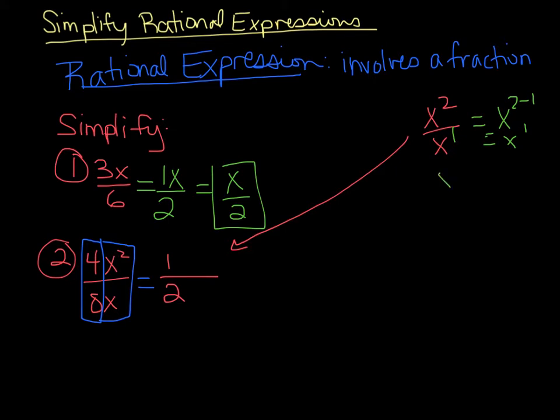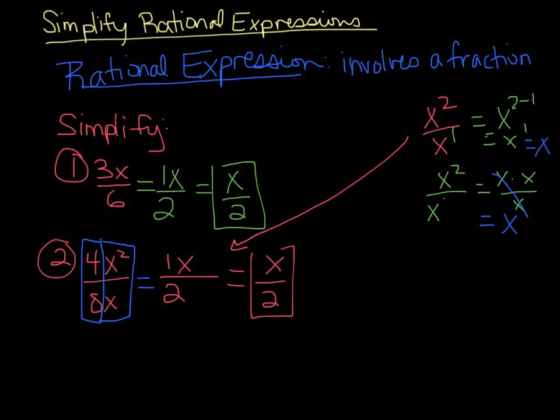The second way that you can do it is you can rewrite this as x to the second is x times x. X we just rewrite as x, and you can cancel some stuff out, and you're just left with x, the same thing as you were left with above. So whatever way works best for you, you can use. And for this one, we actually get the exact same answer that we had for the first one.